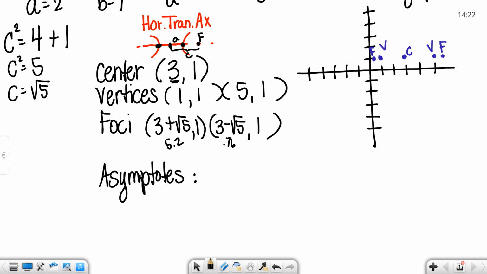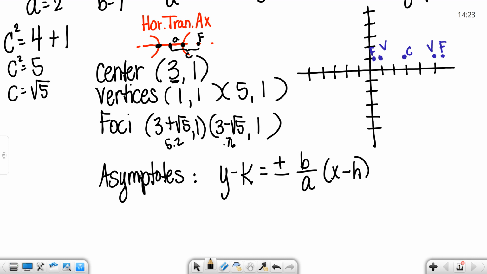Now we know that ours has a horizontal transverse axis, right? So that gives us this equation because it is a horizontal transverse axis. I remember I gave you those equations based on whether it was a horizontal or a vertical. That's how we knew our asymptote equations. The slope is really the only thing that changes.